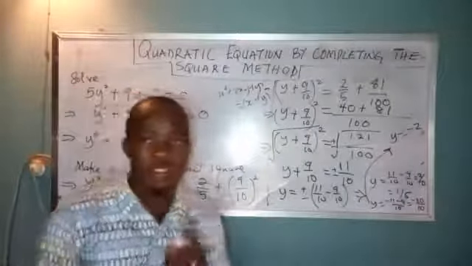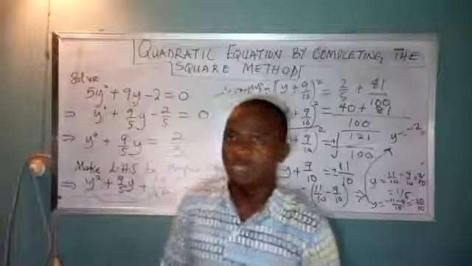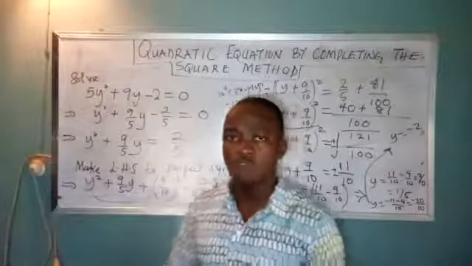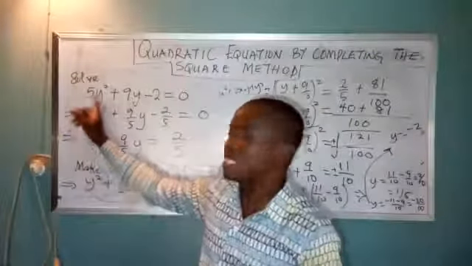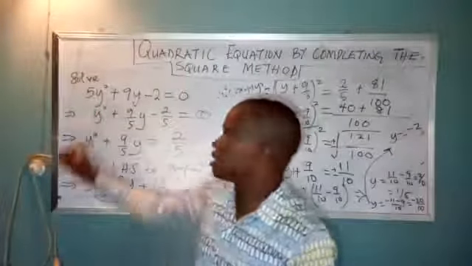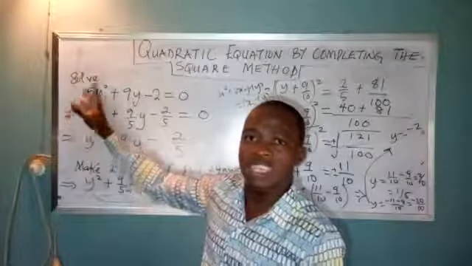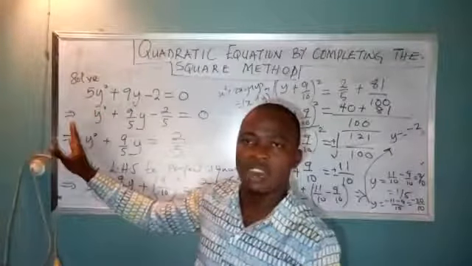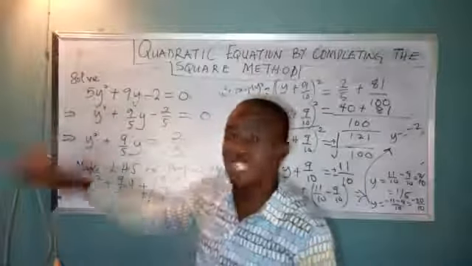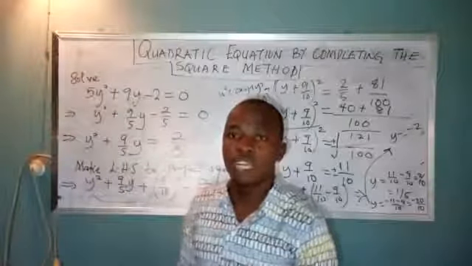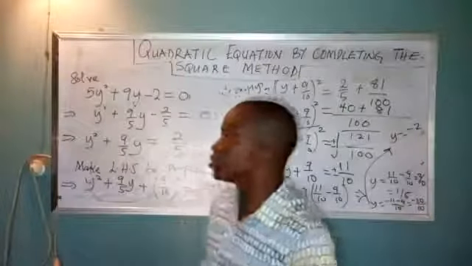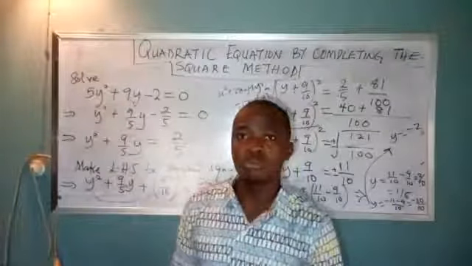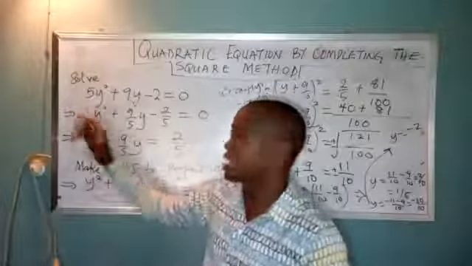Don't forget, from the beginning I told you that before you can use the completing the square method, make sure that the coefficient of y squared, that means the variable with the highest power, is 1 before you can make it a complete square. So that's what we did there: we divided all through by that coefficient.